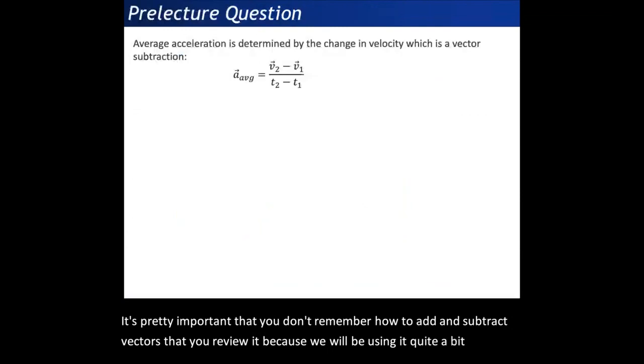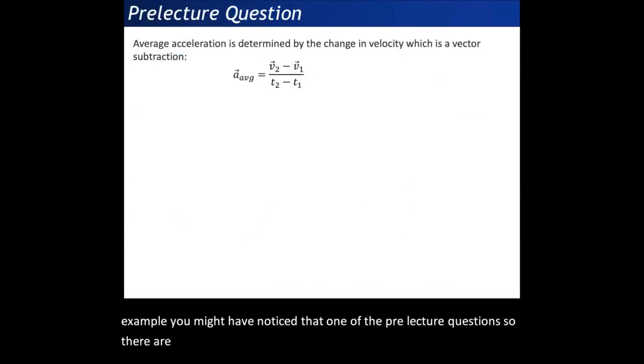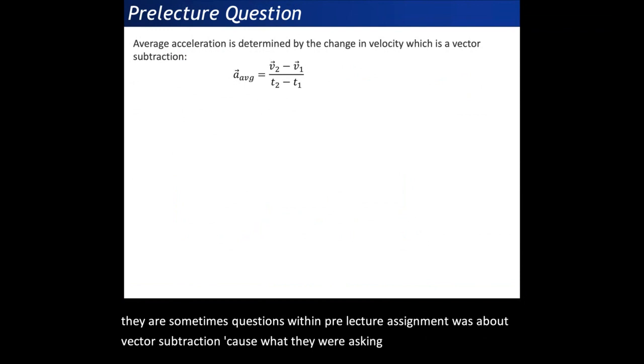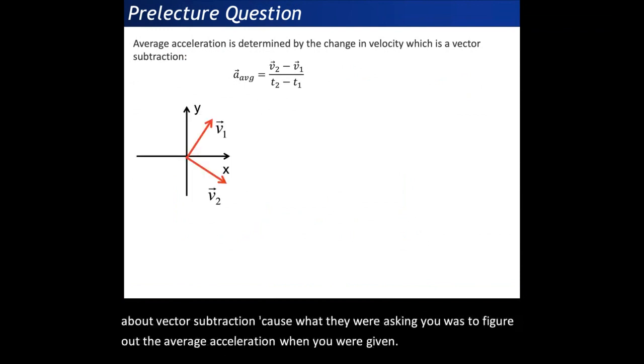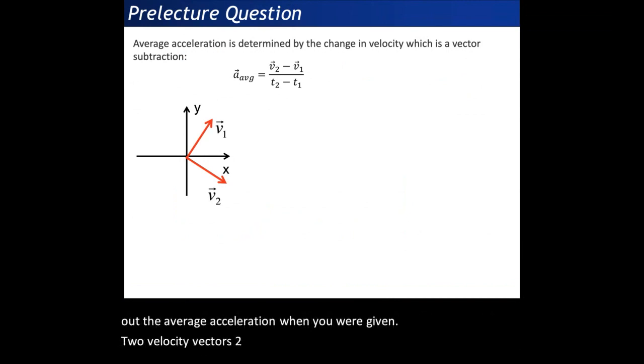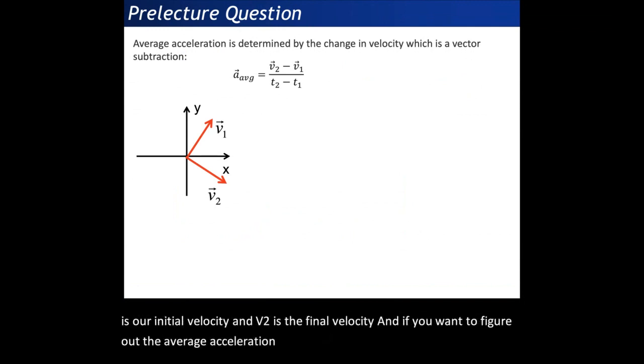For example, you might have noticed that one of the pre-lecture questions, so there are sometimes questions within the pre-lecture assignment, was about vector subtraction, because what they were asking you was to figure out the average acceleration when you were given two velocity vectors, v1 and v2. So v1 is our initial velocity and v2 is the final velocity. To figure out the average acceleration, you have to subtract v1 from v2.